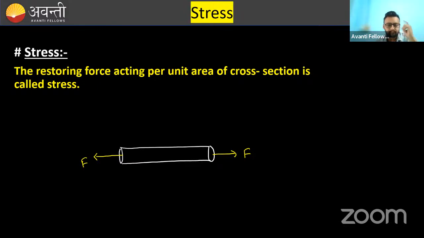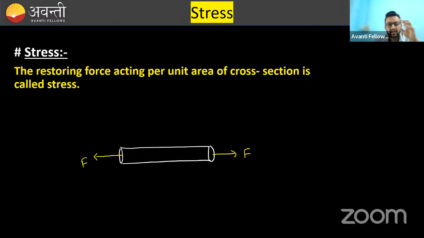What will happen? These two forces will not create any acceleration in the body. They will create a stress in the body. One force is acting towards the right, the other towards the left, and these two forces are creating a stress in the body.